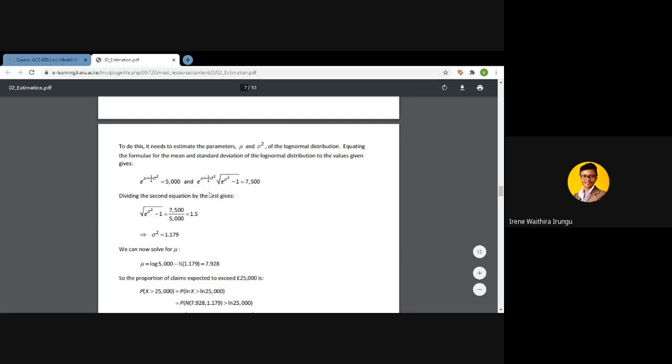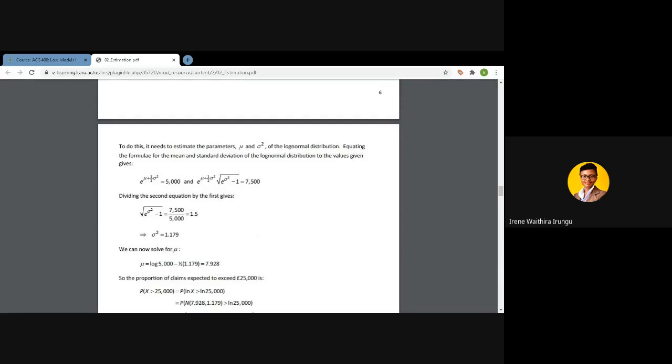Again, your variance is actually the square of this quantity here. You can confirm this from your statistical tables or your actuarial tables. So we can equate the mean of the log normal to the sample mean, and the standard deviation of the log normal to the sample standard deviation.